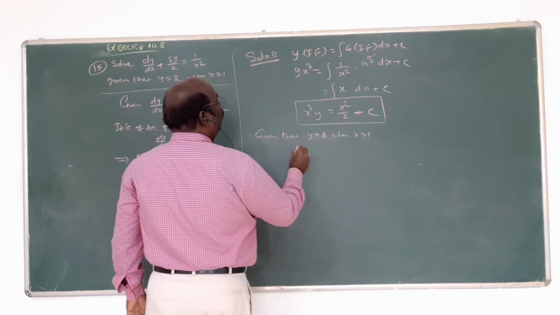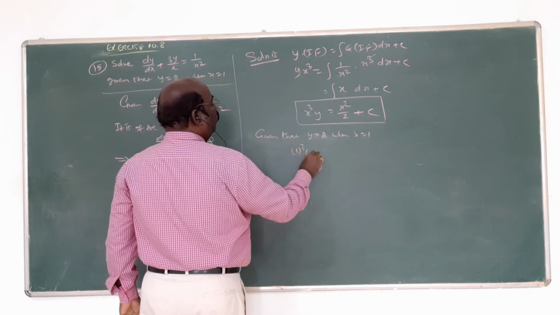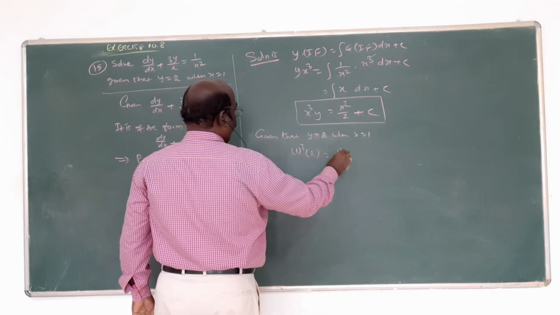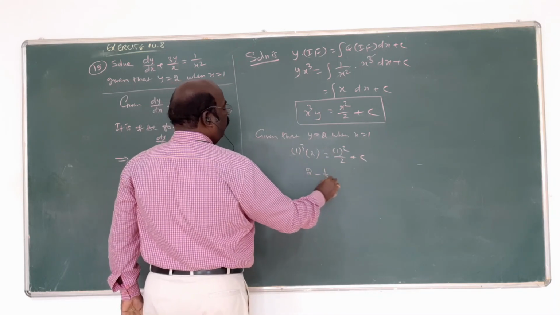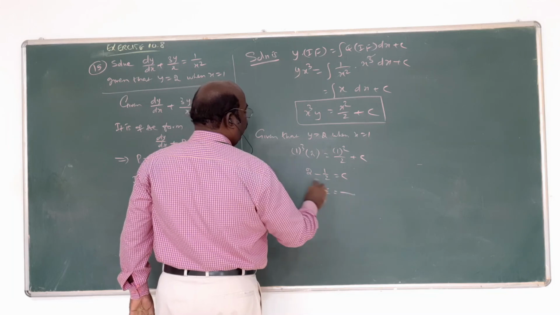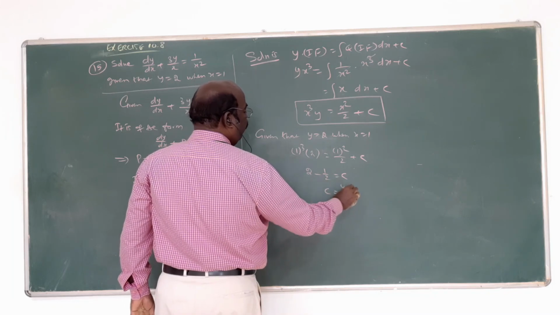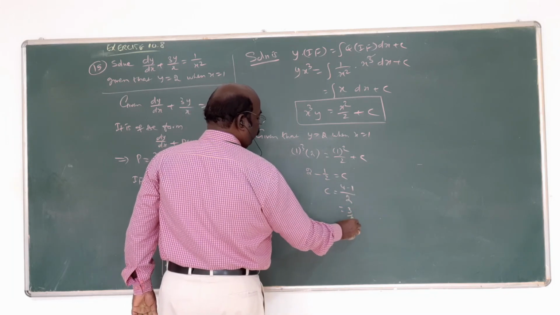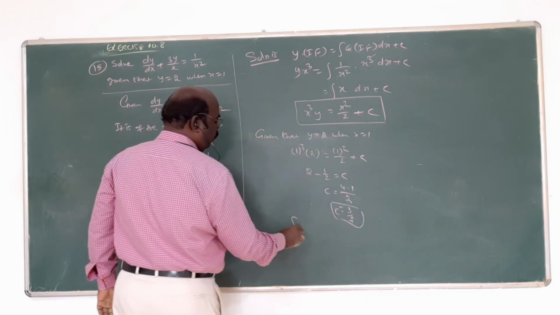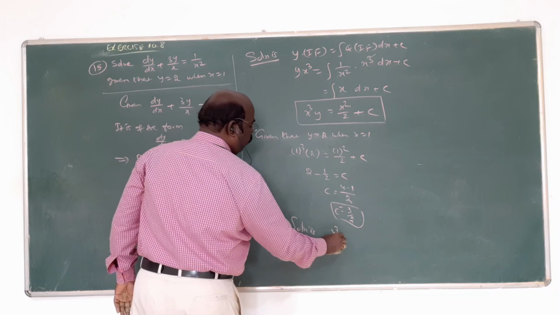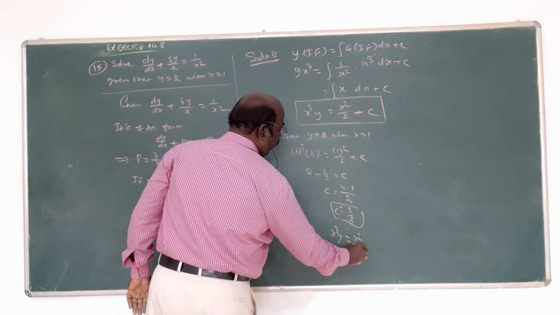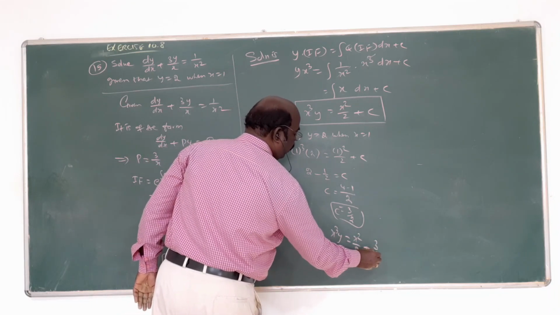Substitute here: 2 into 1 cube equals 1 square by 2 plus c. Then 2 minus 1 by 2 equals c. c is equal to 4 minus 1, which is 3 by 2. Therefore, the solution is x cube y equals x square by 2 plus 3 by 2.